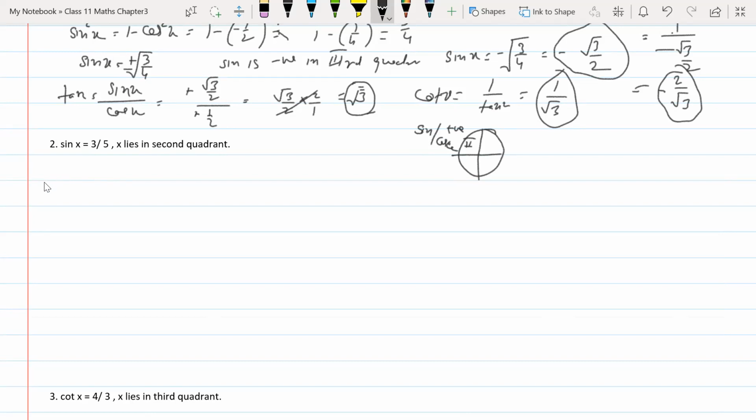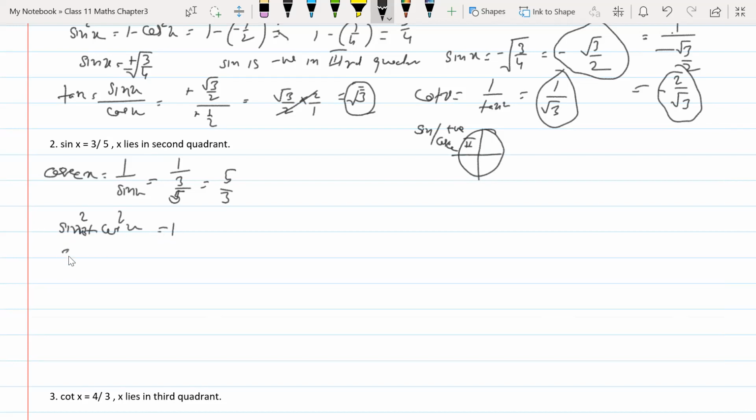Sin x is 3 by 5, then cosecant x is 1 by sin x, which is 1 by 3 by 5, and it's 5 by 3. Cosecant is 5 by 3. Sin square plus cos square x is equal to 1.